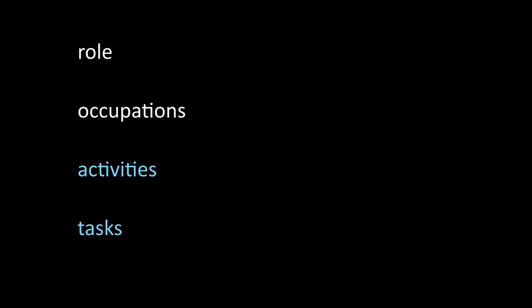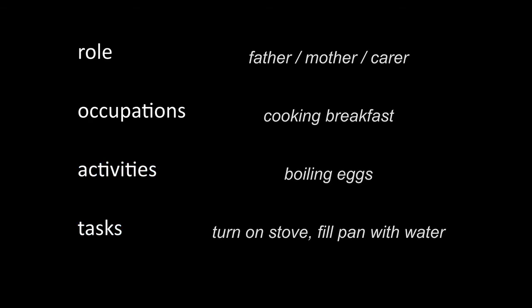Activities then and tasks are generally, there's no easy explanation, but are generally smaller and smaller bits of occupations that lead into roles. And you could even go smaller, and some of the taxonomies that have been published do go smaller, right down to individual movements of joints, body parts, and also cognitive processes that go on. But for the time being, I just want us to think about these four different types or four components.